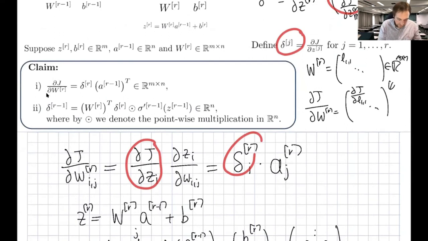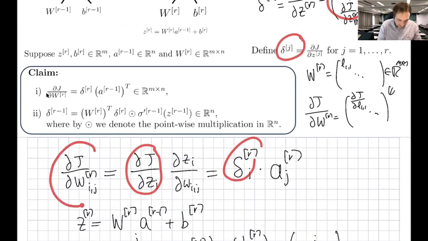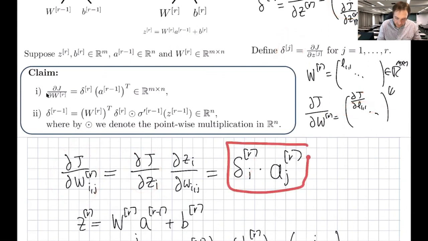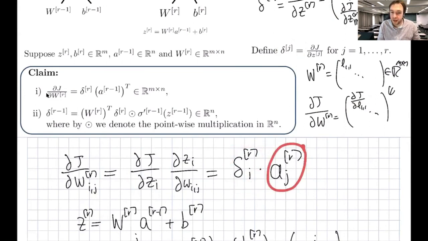And therefore, the statement is that the entry in the ith row and jth column is given by the multiplication of the ith entry of delta times the jth entry of a.